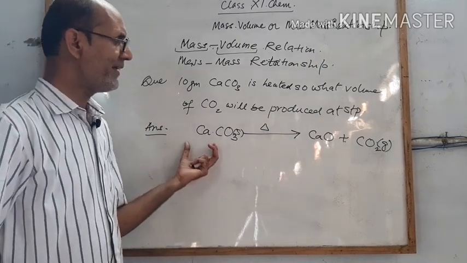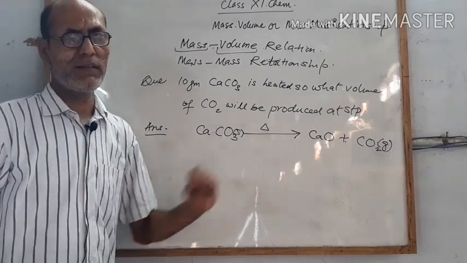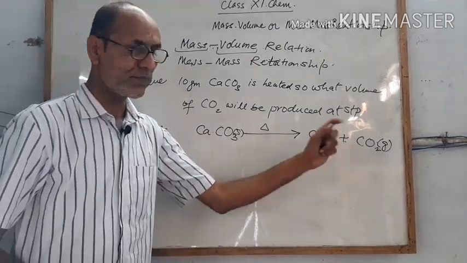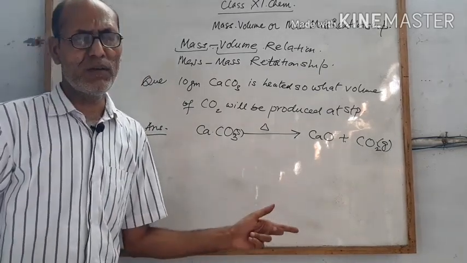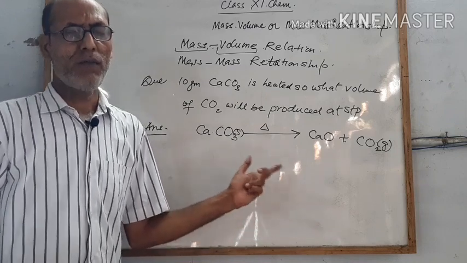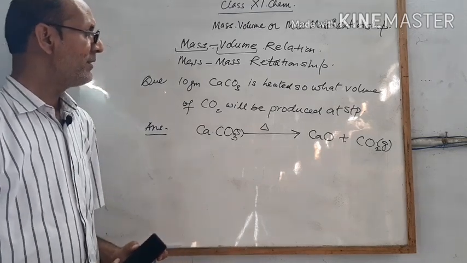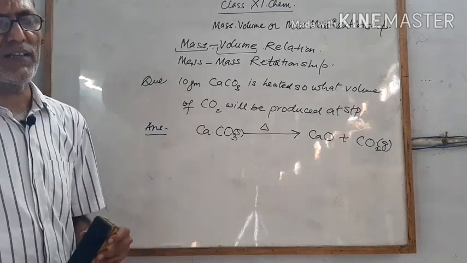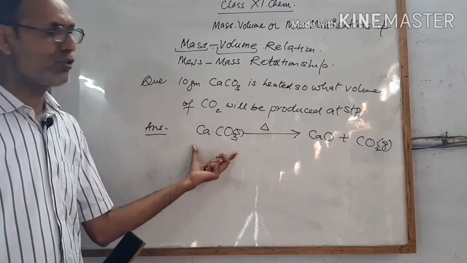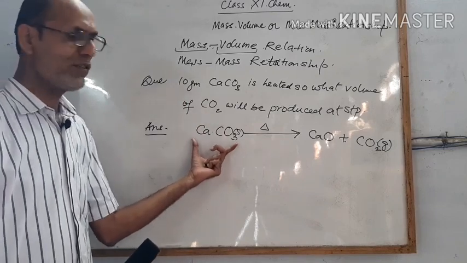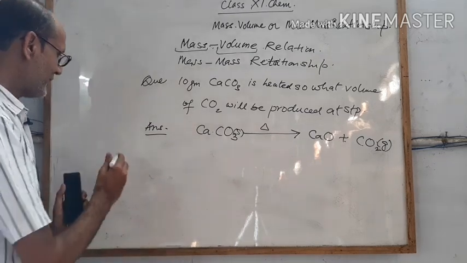If volume is given and you have to calculate volume, you can use the ratio 1:1, here 1 and here 1, and you can calculate the volume. But in case mass is given and you have to calculate volume, or volume is given and you have to calculate mass, you have to calculate the molecular mass of the substance whose mass is given. Mass of calcium carbonate is given, 10 gram, so calculate its molecular mass.